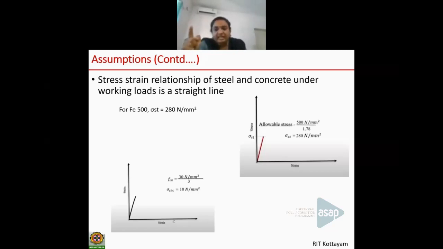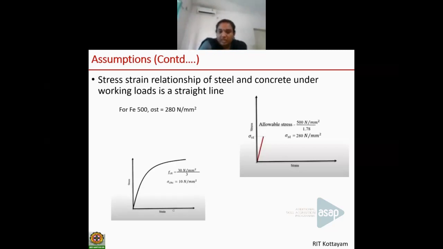Whereas in the case of a high yield strength bar, there is no defined yield point, but we take the 0.2% proof stress. We erect a parallel to the initial straight portion at 0.2% strain, and where it cuts the curve, that is considered as the yield value of the HYSD bar.